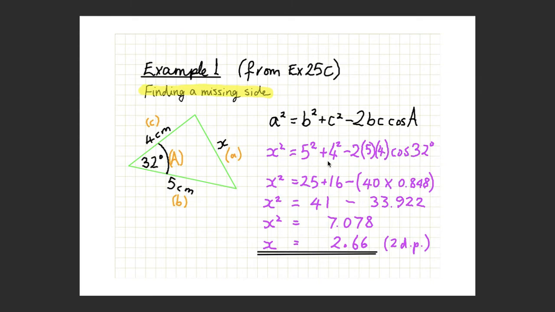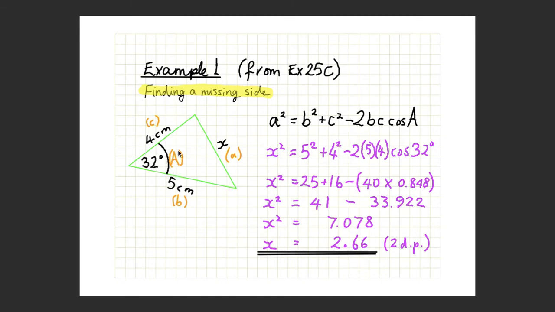Stick all the numbers in. We've got all the numbers, so it's something we can actually evaluate down to x squared equals 7.078. x is the square root of that, 2.66. So in this triangle here, x is 2.66. So that's finding a missing side. Quite easy, just stick all the numbers in, assuming you've labelled it correctly in the first place.